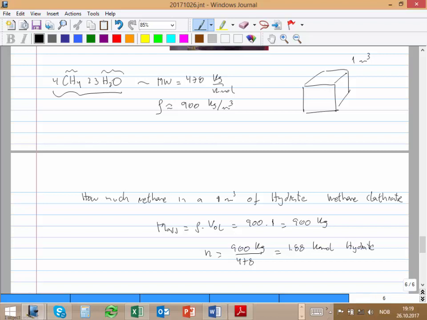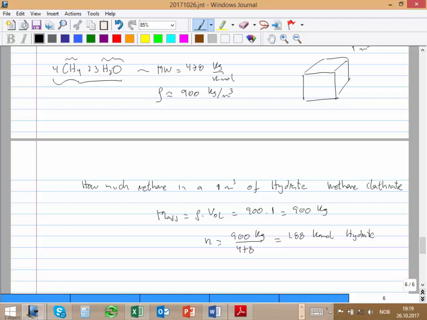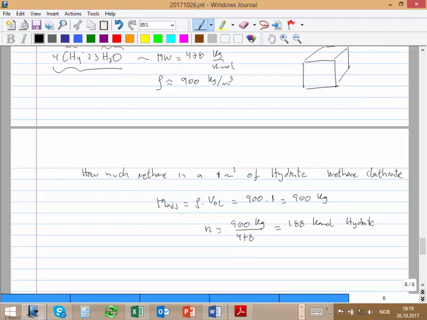Then how many moles of methane do I have in a kilomole of hydrate? Times 4, right? So that gives you n of CH4, which is 7.53 kilomoles of methane.